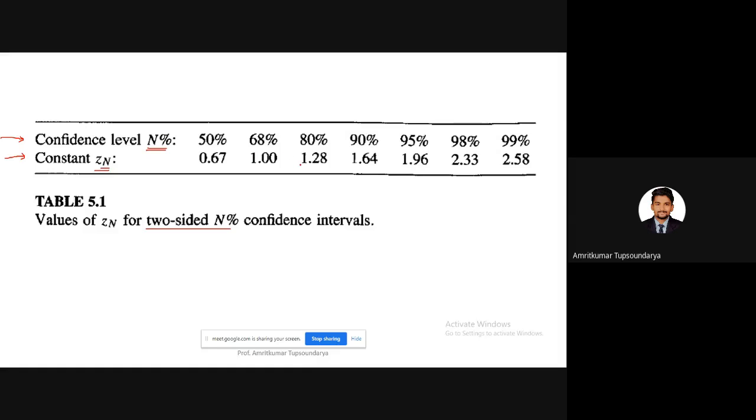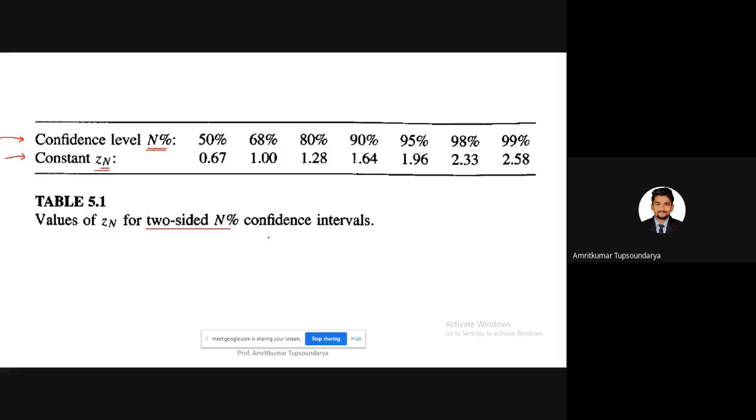As we proceed, the confidence level goes higher: 1.28 for 80%, 1.64 for 90%, 1.96 for 95%, 2.33 for 98%, and 2.58, the maximum, for 99% confidence level. So these are the confidence intervals, the range that we have for different values of the constant Zn.